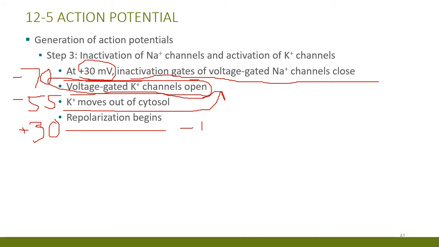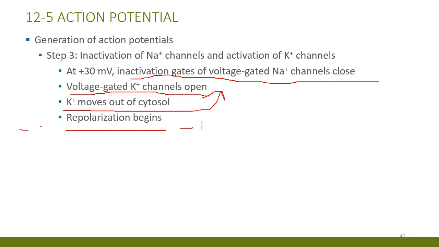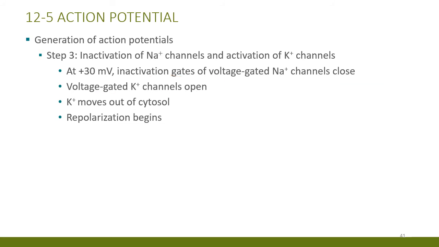So the key is you have two sets of gates. You have a sodium ion channel and potassium ion channel gates. The sodium ion channel gate has a double gate, an outer and an inner, and the inactivation gate is the one inside. The activation gate is closed, and when it opens, all the sodium rushes in.